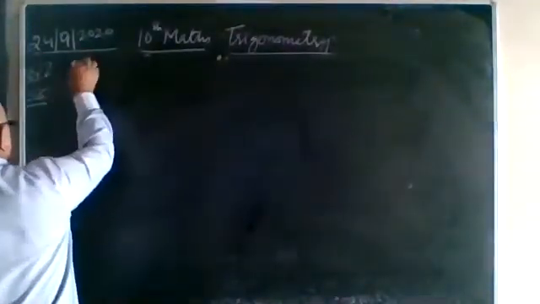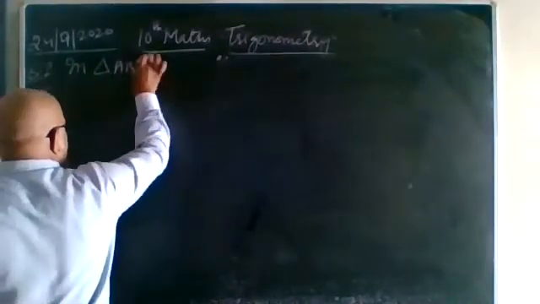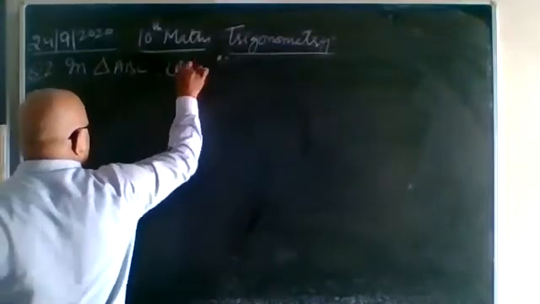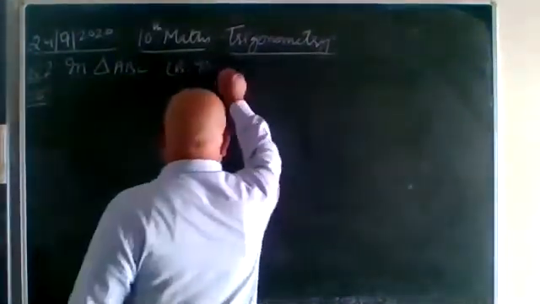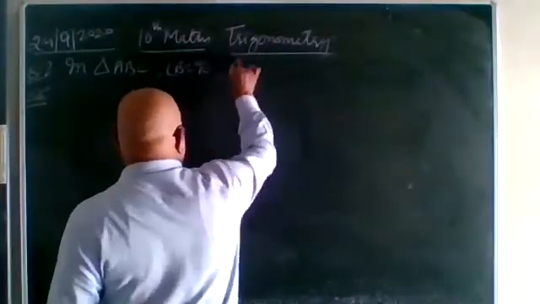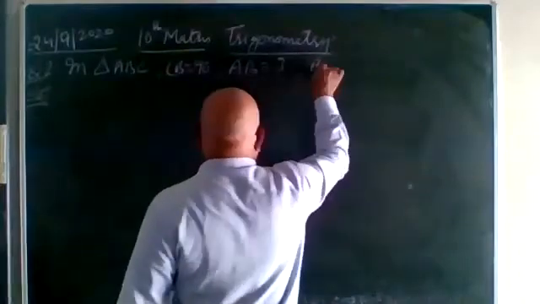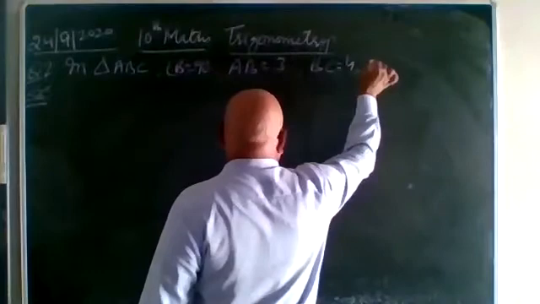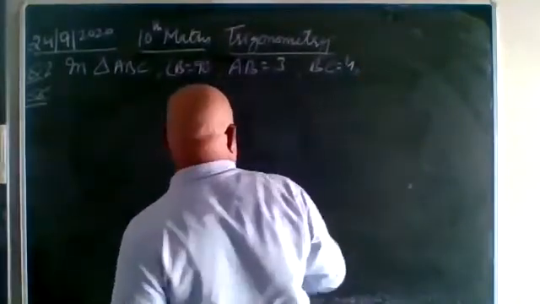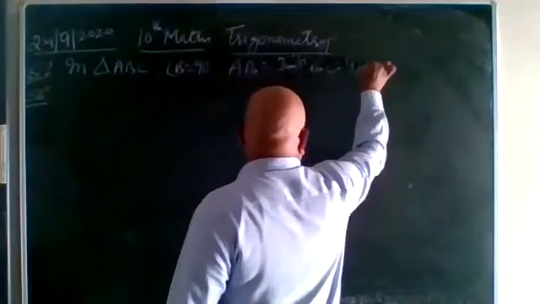Question number 2. In triangle ABC, angle B is 90 degrees, AB equals 3 units, BC equals 4 units.